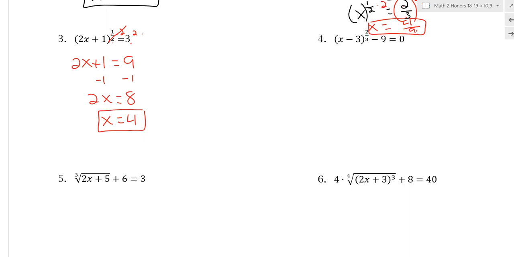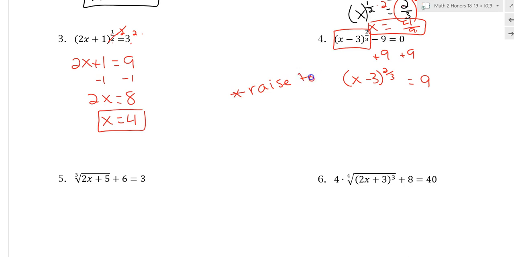Looking at number 4, x minus 3 to the 2/3 minus 9 equals 0. Right, this is what's being raised to the exponent, so I have to add 9. Right now this is no longer just a half, so it's not as easy to see that we're squaring it.